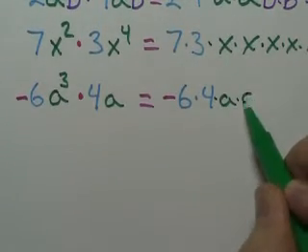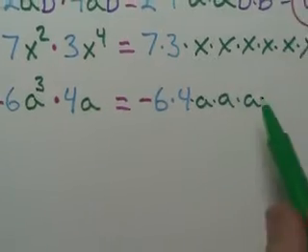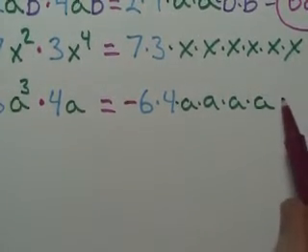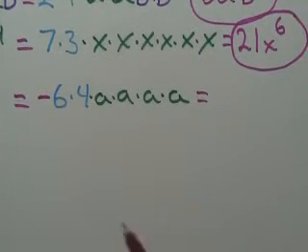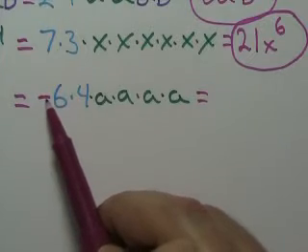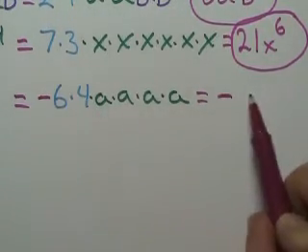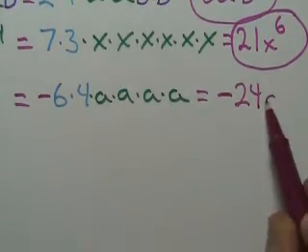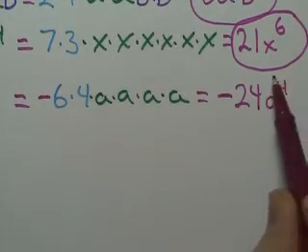So 1, 2, 3. That's these 3 a's. And then one more. I put my numbers together. Well, first of all, there's one negative, so the answer is negative. 6 times 4, well, that's 24. And a, how many do I have? 1, 2, 3, 4. So that's a to the 4th power.